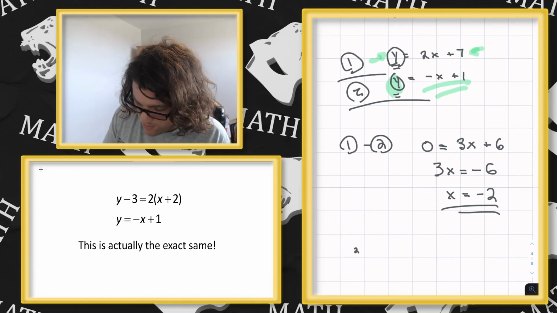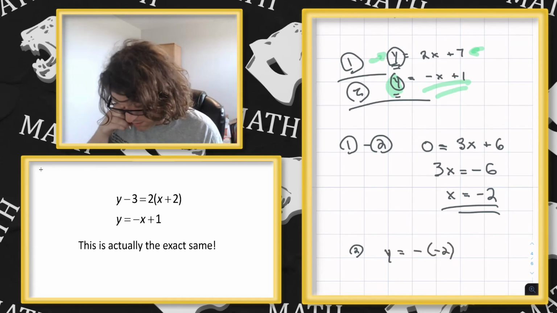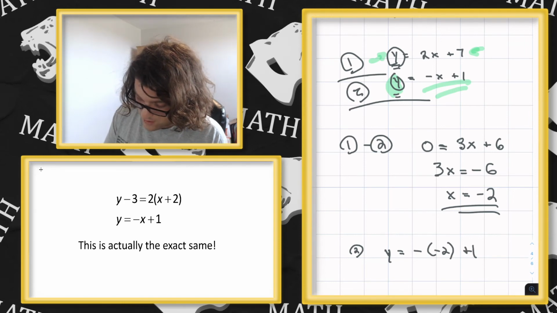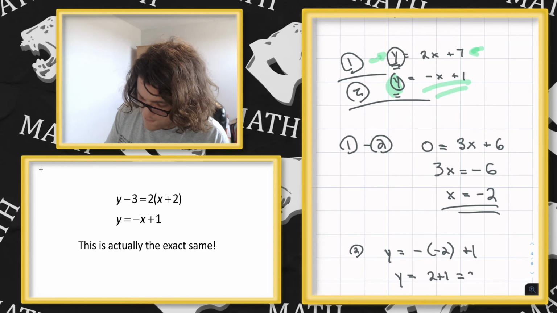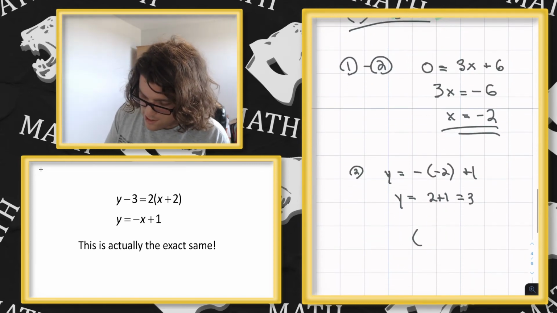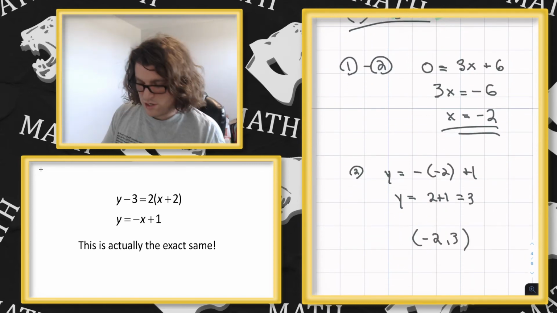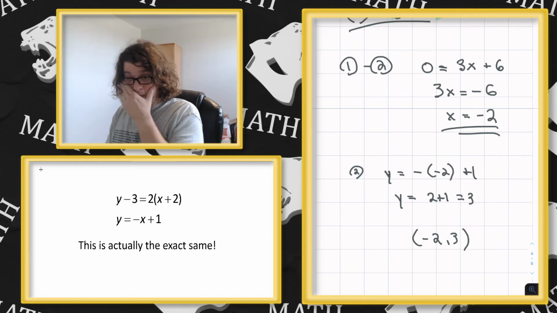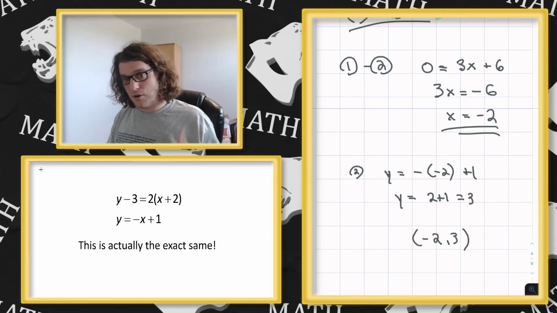I'm going to use equation number 2, and it says that y is equal to negative x, which is negative 2, plus 1, which means my y is equal to 2 plus 1, which is 3. So I get negative 2 comma 3, just like we did in the graphing part.